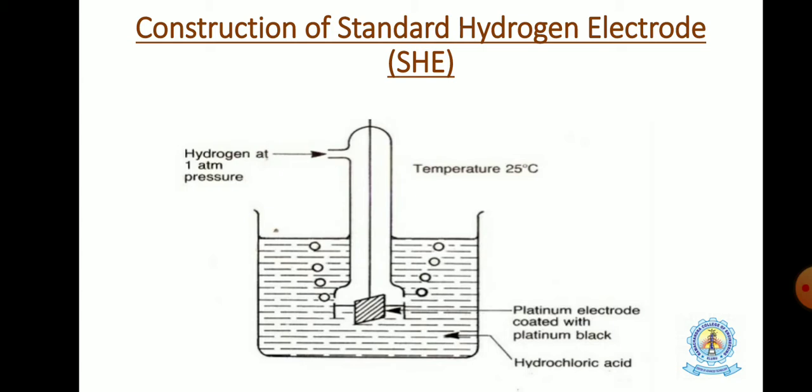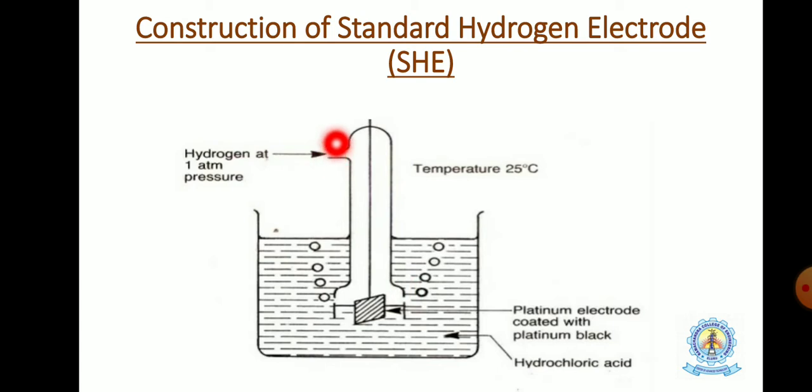If you want to construct the standard hydrogen electrode, first you have to take a platinum foil and it should be coated with platinum black. After coating with platinum black, you have to take a platinum wire. One end of the platinum wire is welded to the platinum foil and the other end is connected to the outer circuit. Later, it is covered with a coaxial tube which ends with a bell bottom shape.